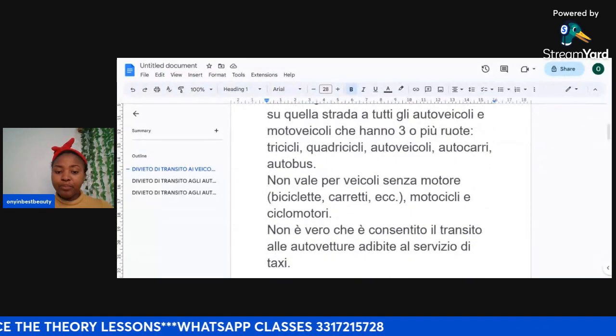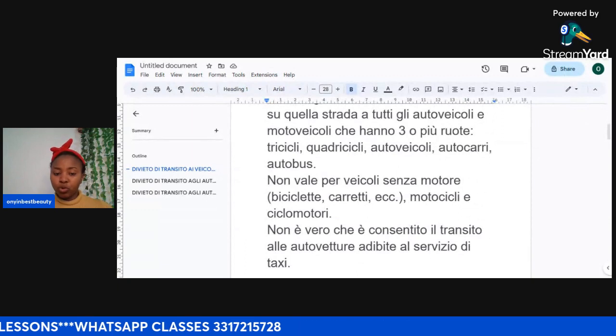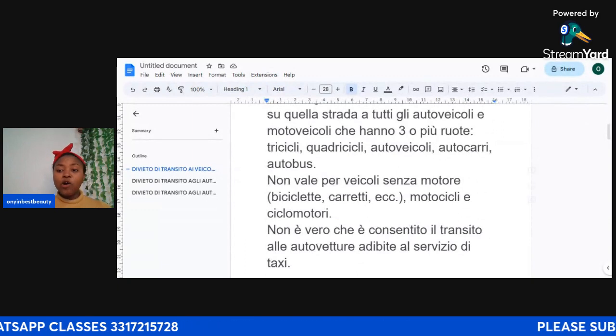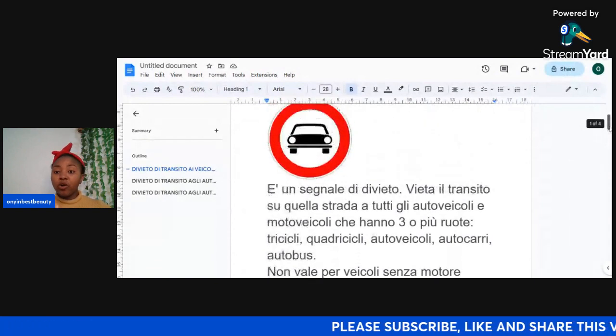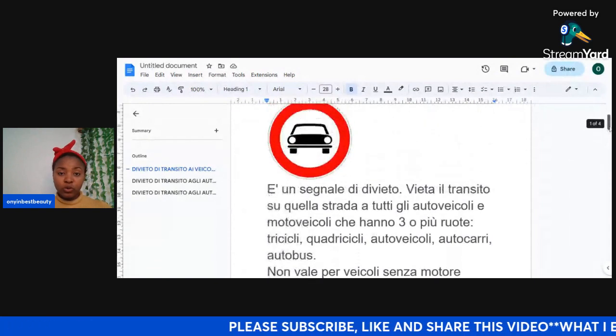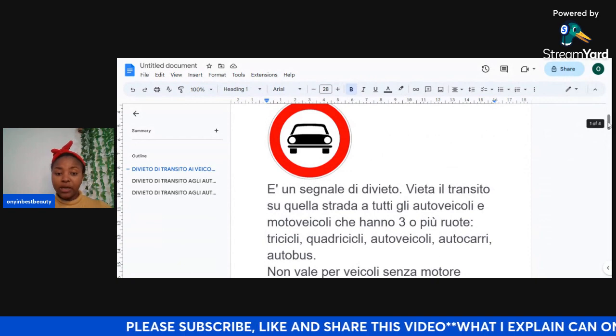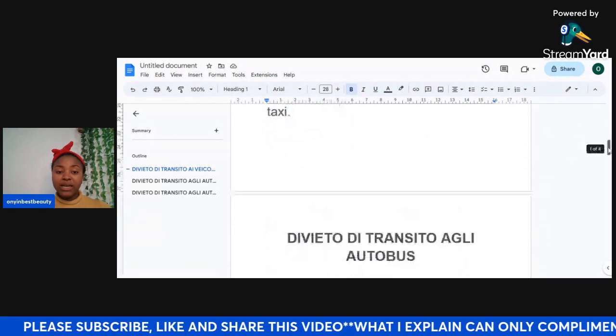Non vale per veicoli senza motore. Now, this sign you're seeing is only valid for vehicles with 3 or more tires, like tricicli onwards, but it is not valid for vehicles without an engine.